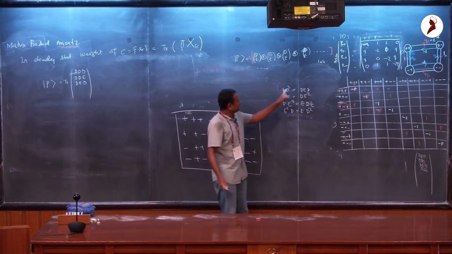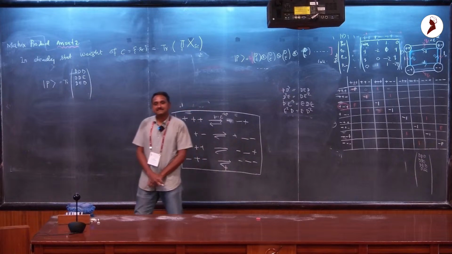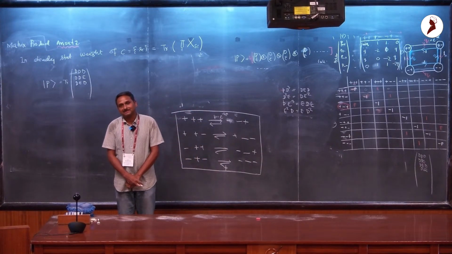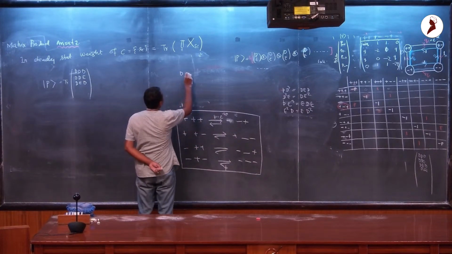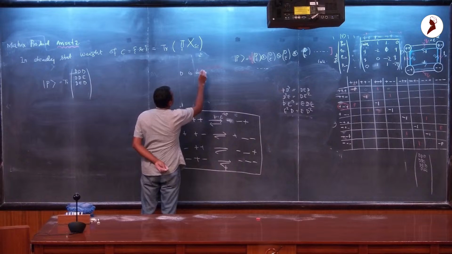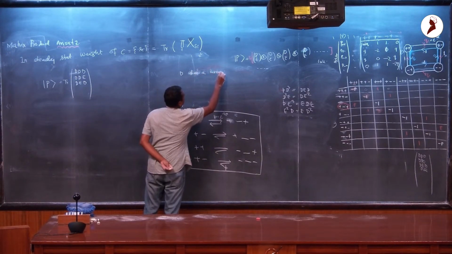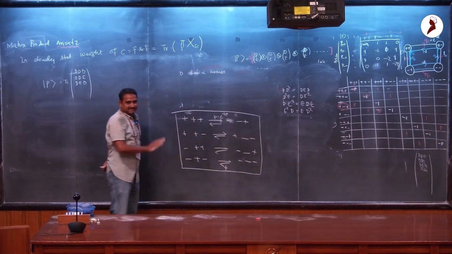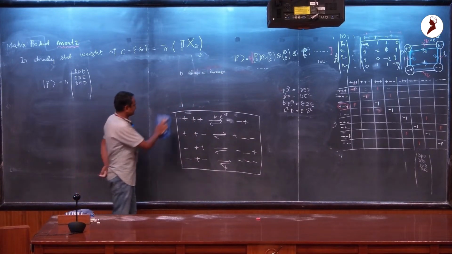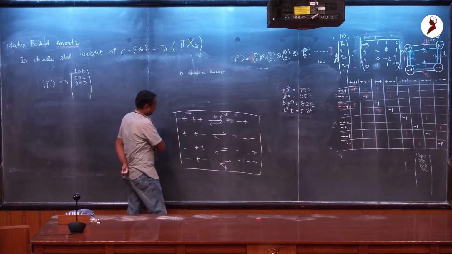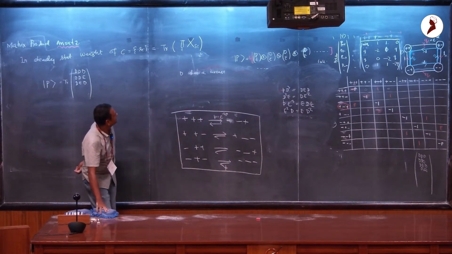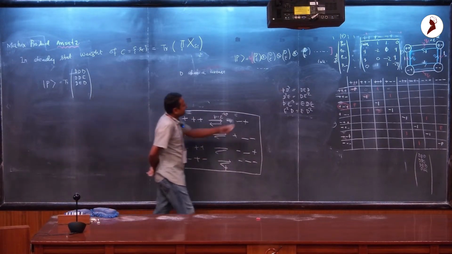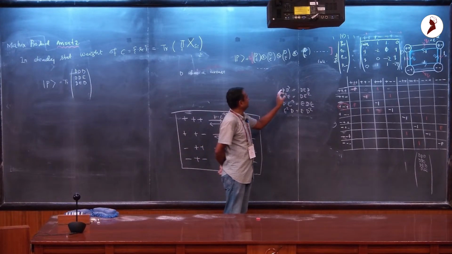Okay, so let us say the first thing you demand is that D is invertible, a good matrix. So let us say that D and E are invertible. D has an inverse. That will be true for E. Whatever argument I make for D, the same argument will go for E. This I need, I'm not erasing this. If D has an inverse, then you can multiply D inverse on both sides.